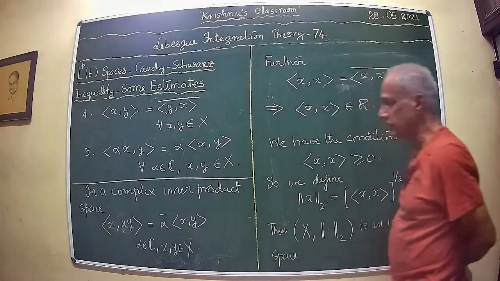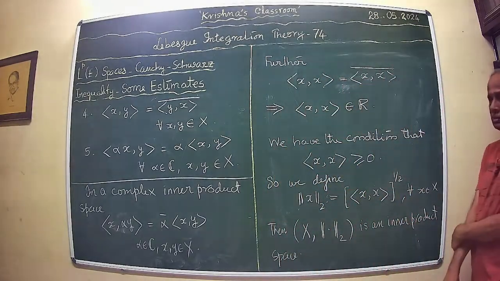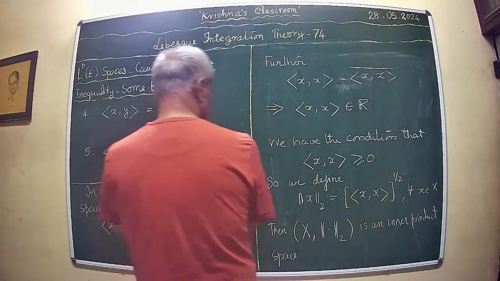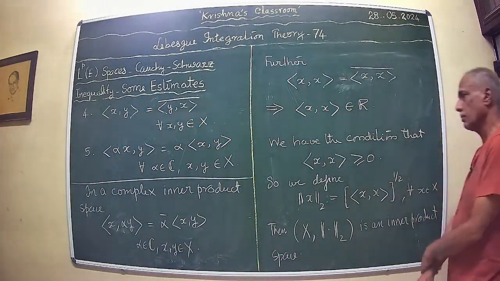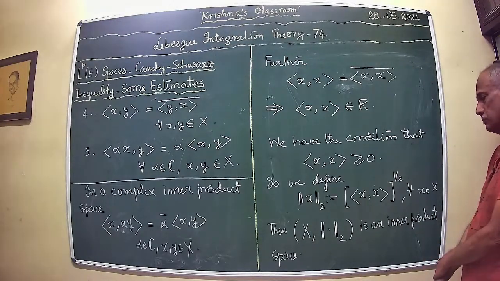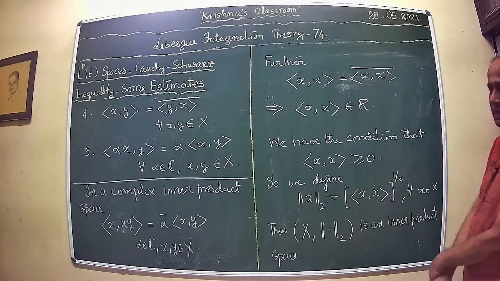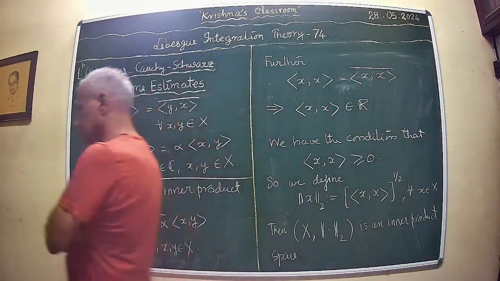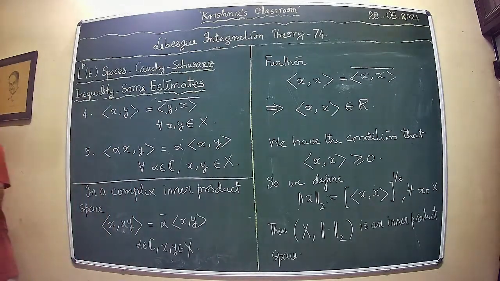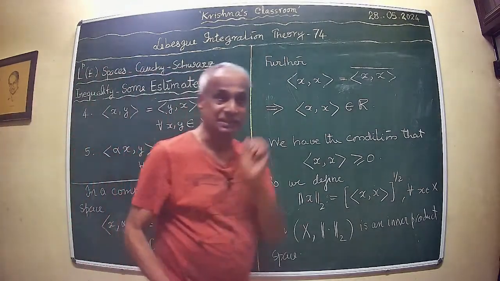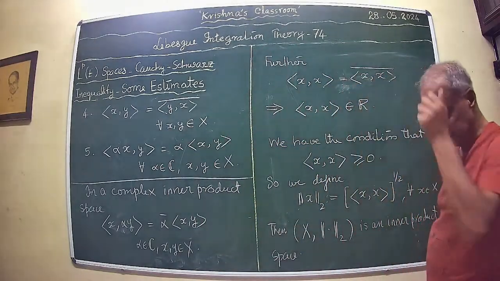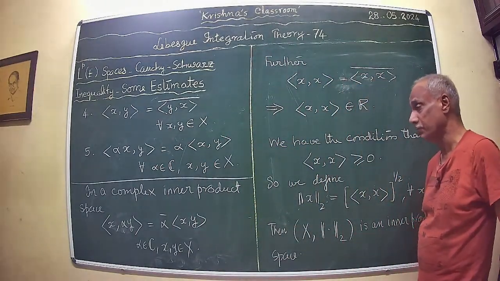This is the situation when the associated field is C. And what we considered as the real vector space or real inner product space is a very special case of this. Okay. So, in general, we often use this, although in the discussion that we have undertaken, we have been considering only real valued functions.